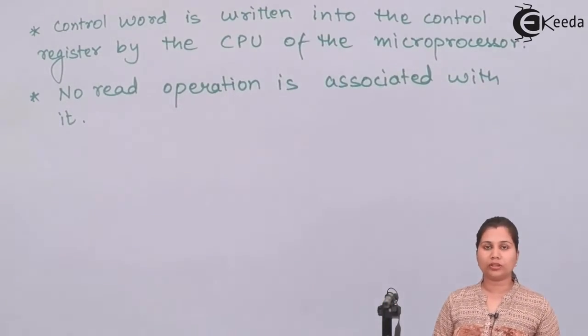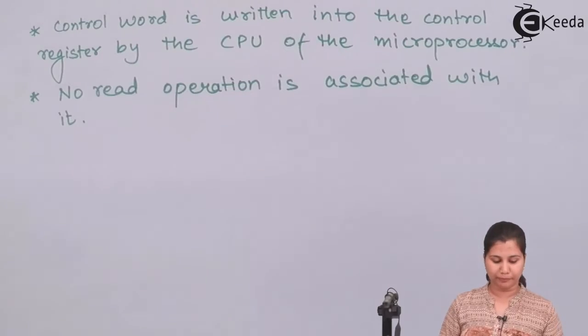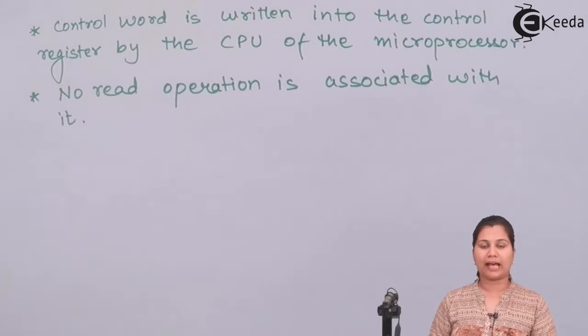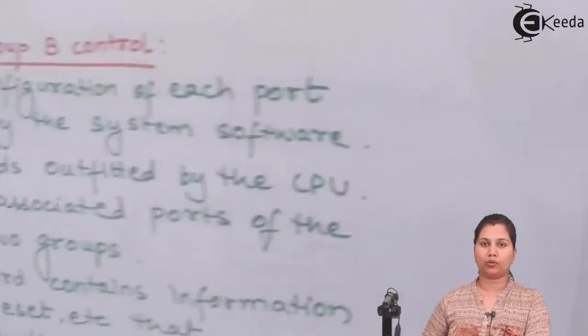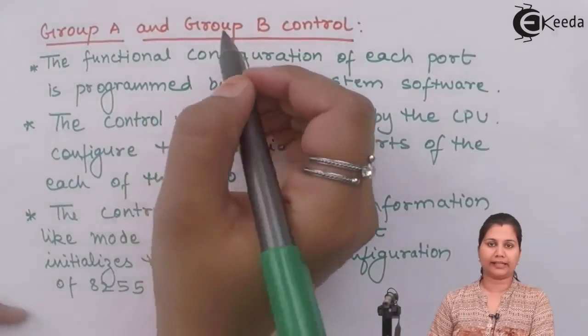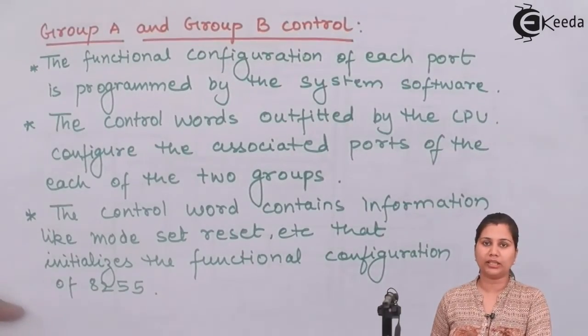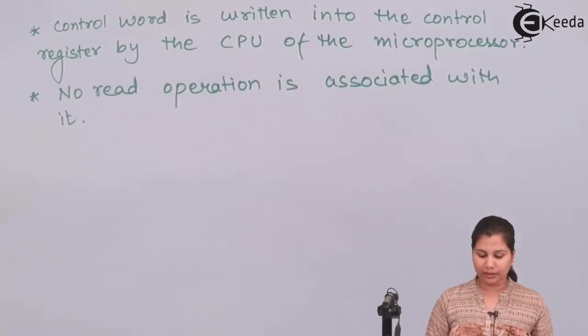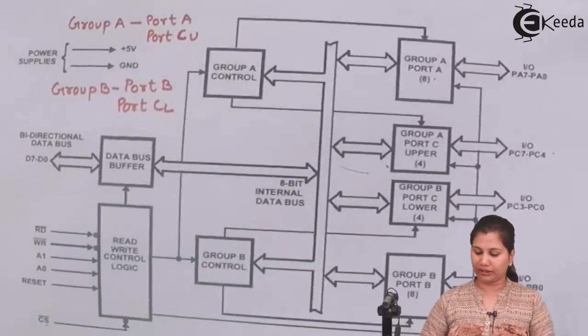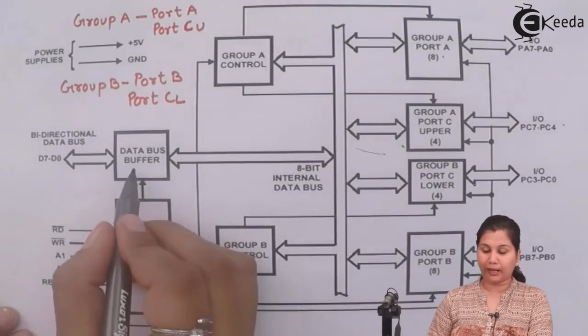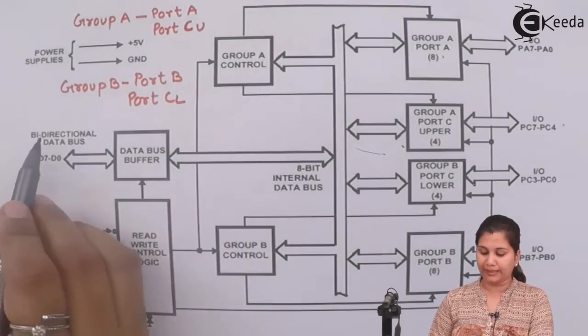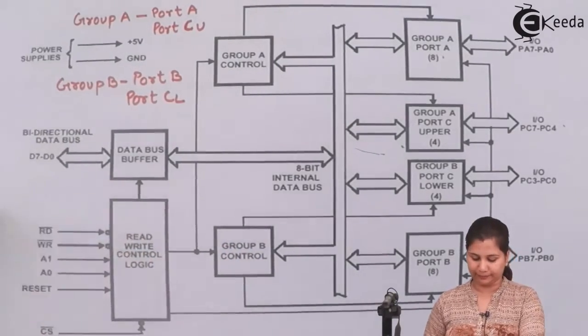So this was about the group A and group B control. Group A has port A and port C upper, and group B contains port B and port C lower. Now in the block diagram, the next block is the data bus buffer and the bidirectional data bus.